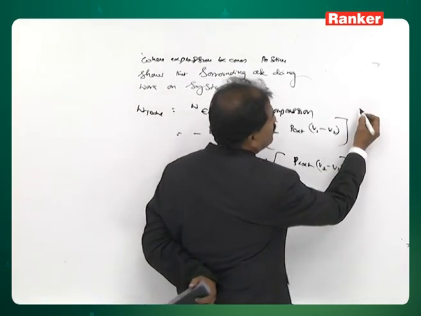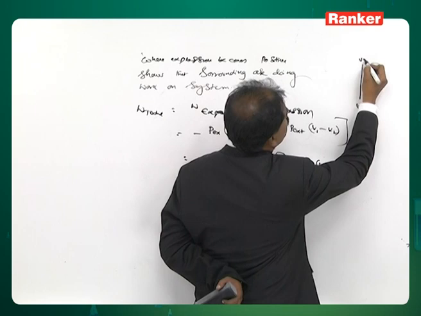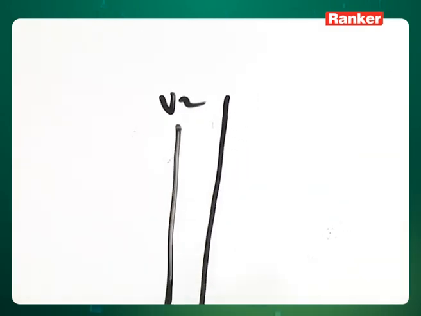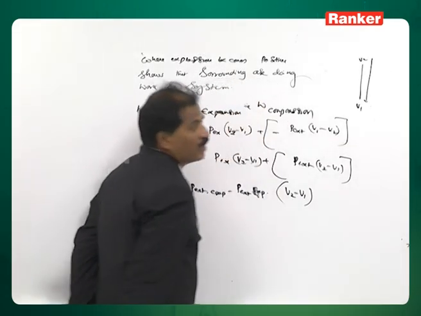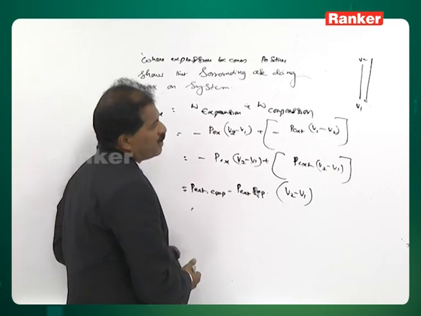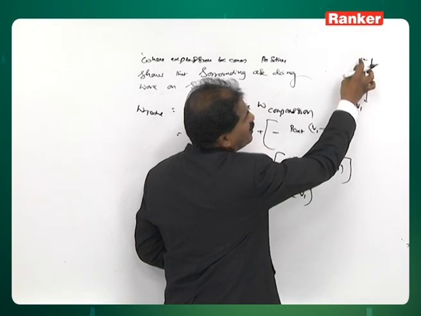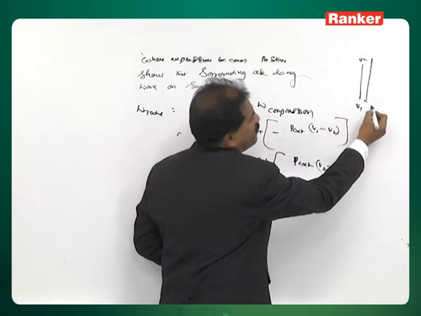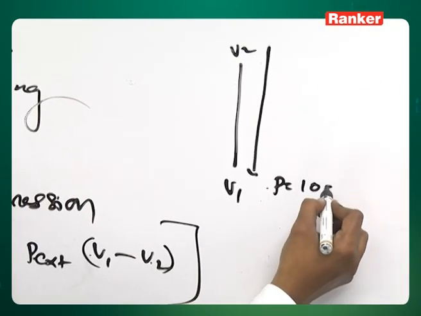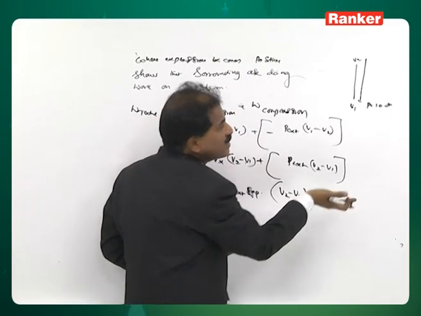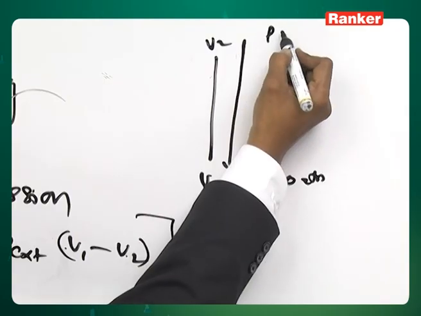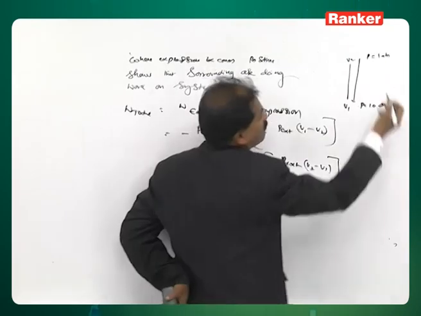See, if the gas undergoes expansion from V1 to V2, and again undergoes compression from V2 to V1, during the irreversible expansion, the gas will undergo expansion against the lower pressure. For example, if the pressure of the gas is 10 atmospheres, after expansion the pressure of the gas has become 1 atmosphere.